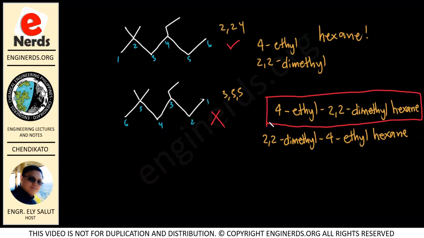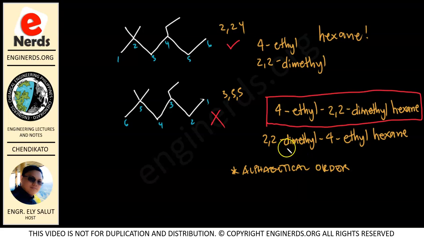Okay? Let me explain. Because our priority, like we mentioned earlier, in naming our hexane, our priority is the alphabetical order, right? That is the priority before the order of the numbers, which should be ascending. So, priority is alphabetical order.